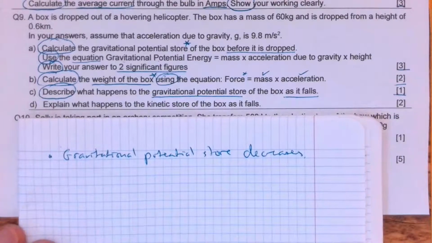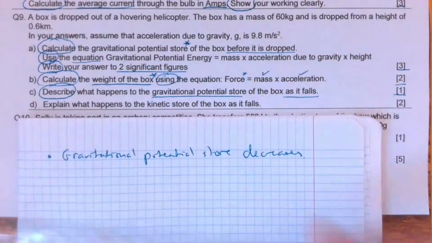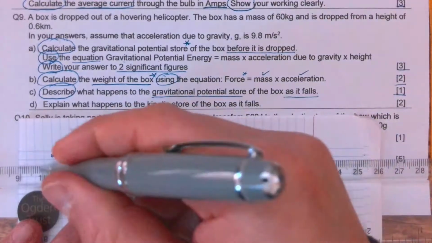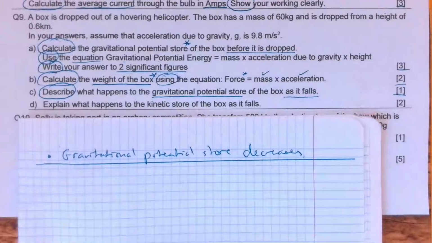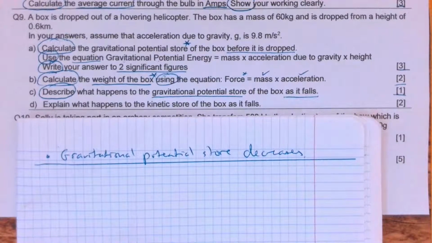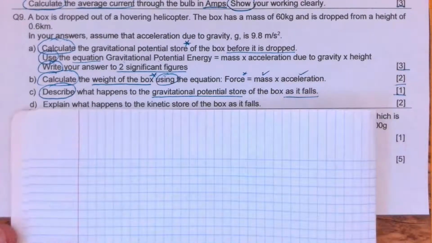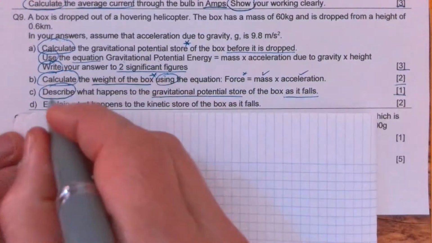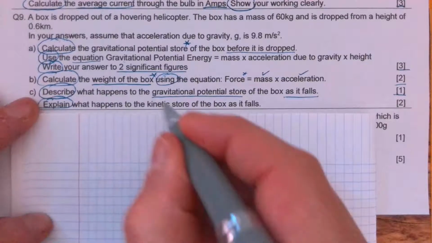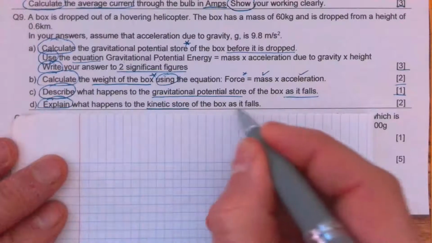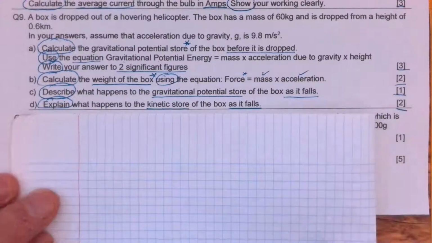Okay, D, please. Could you have a go at just cubbing and answering D? Okay, so what does it say here? Explain what happens to the kinetic store of the box as it falls, and this is worth 2 marks.